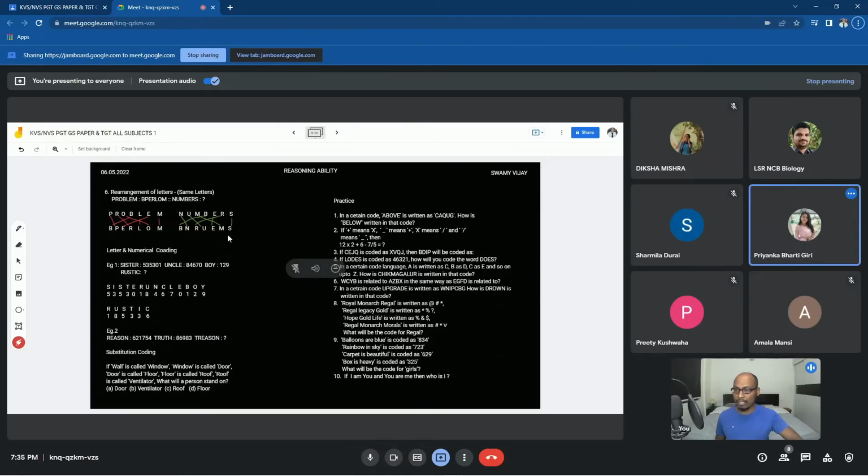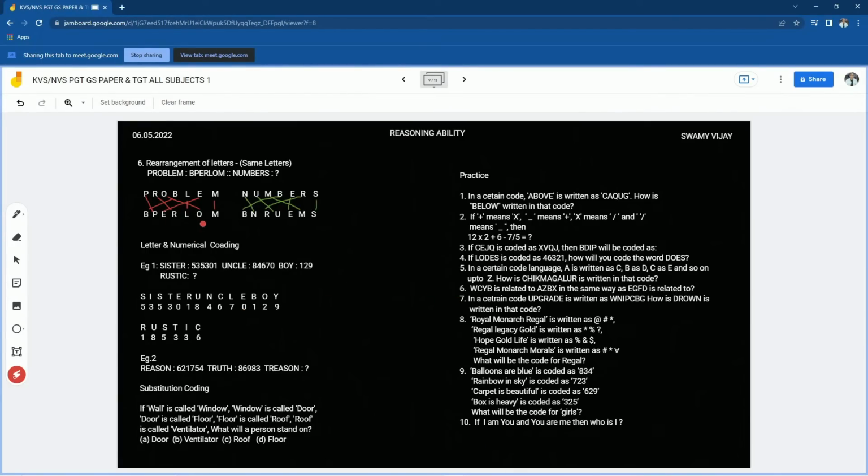Right. First question, rearrangement of letters, same letters. Again, the second example I have given, and it was solved also. Rajesh, tell me. In the first set, the problem is coded as BPERLOM. M comes down the same, but some other letters are zigzag.